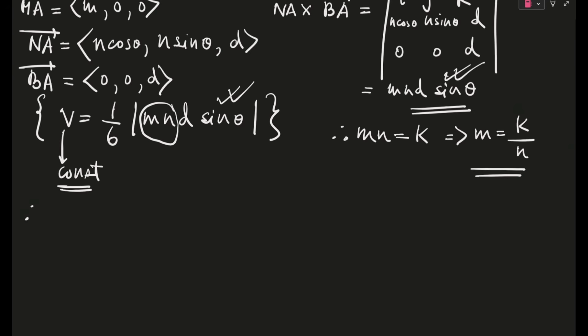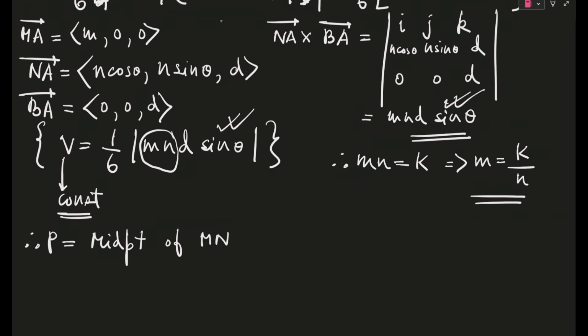Okay, so guys, if we want to find out P, which is the midpoint of Mn, and very well established, our M point is only the M vector. This is the M vector and this is your N vector, or you can say M point, N point, whatever you wish.